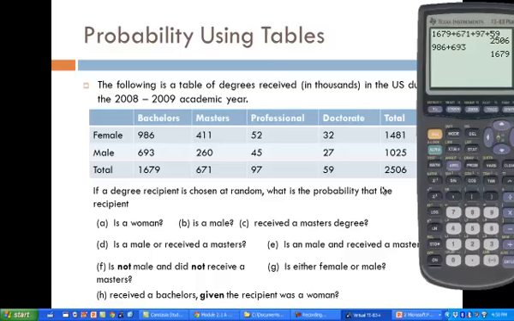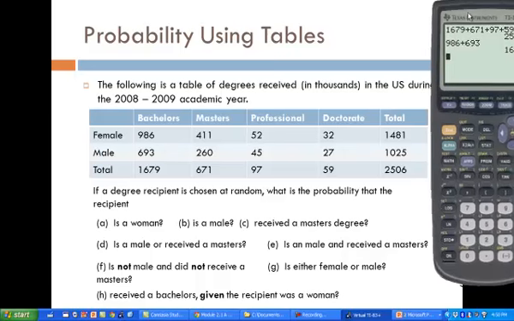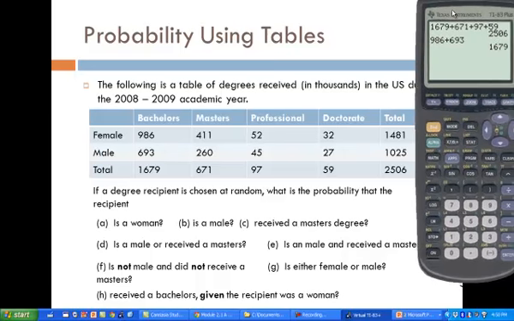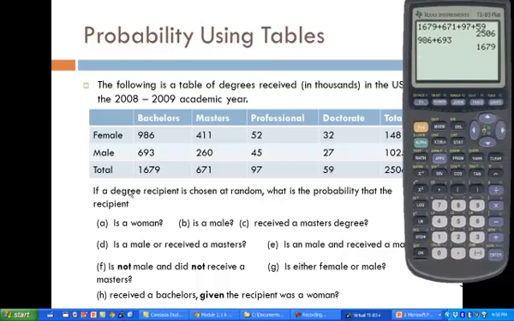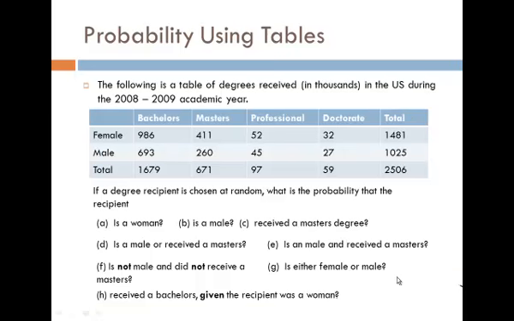All right. So we can ask the following questions. If the degree recipient was chosen at random, what is the probability that the recipient is one of these groups? Notice it says a degree recipient, so we're talking about a single instance here.